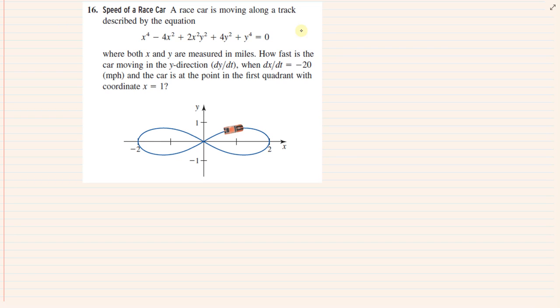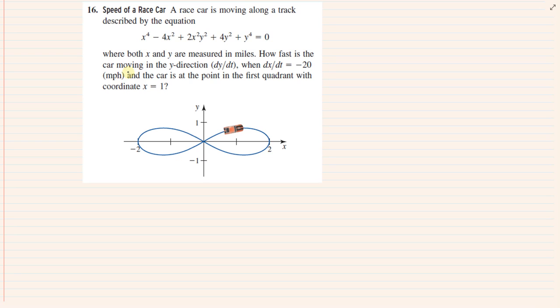Because x is in miles, and so is y, and speed is in miles per hour, our unit of time is hours. So we want to know the change in the y direction in miles per hour as x changes at the rate of negative 20 miles per hour.